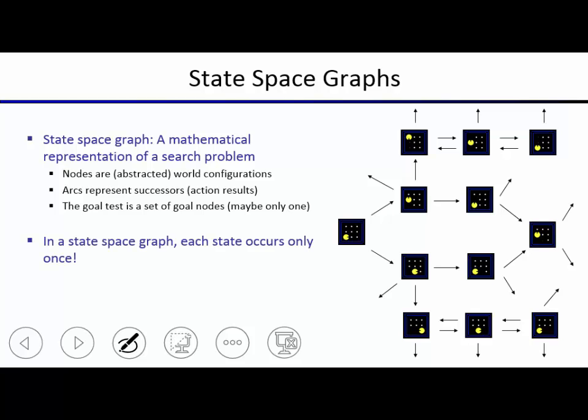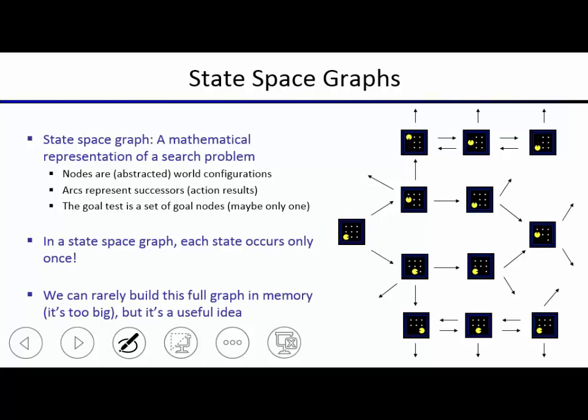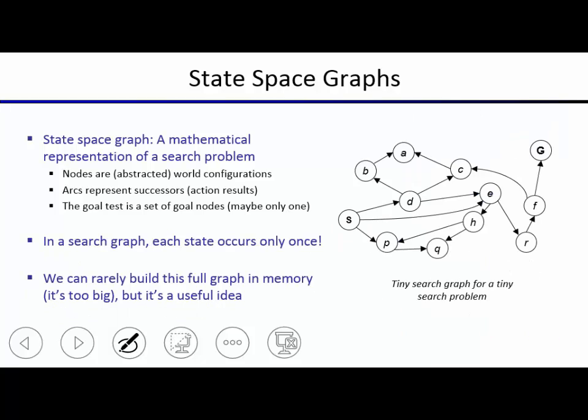Okay, in a state space graph, each state will occur only once. There's no repeat occurrences of states. Rarely can we actually build up this graph in memory. This graph is interesting to think about, to know that it exists, to reason about, and for really tiny problems, we might be able to show them on a slide, like we did over here for a really tiny problem.